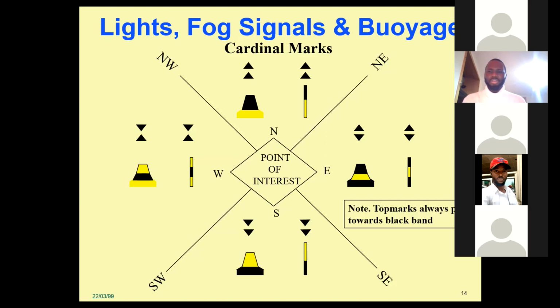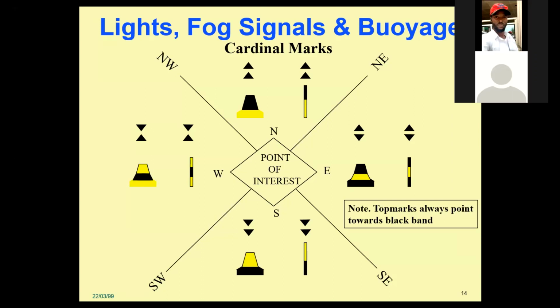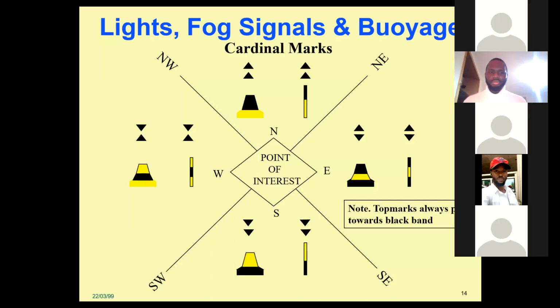JJ, you are raising your hand. Yes, sir. I just want to make a contribution on one of the things that we use in learning the cardinal marks. We place the cardinals as if we are placing a wall clock, where north stands for 12, east stands for 3, south stands for 6, and west stands for 9, just as we have our hours in 12.